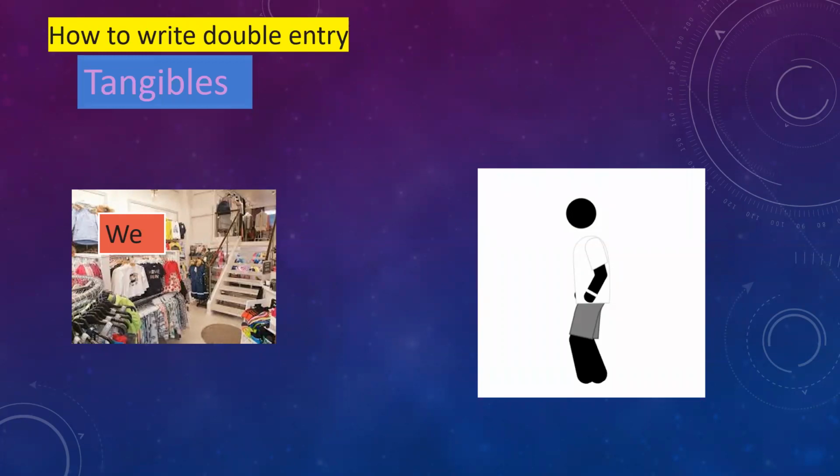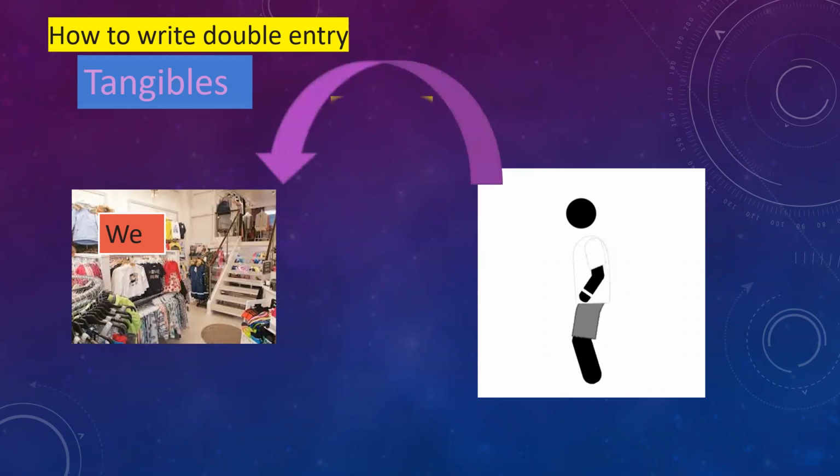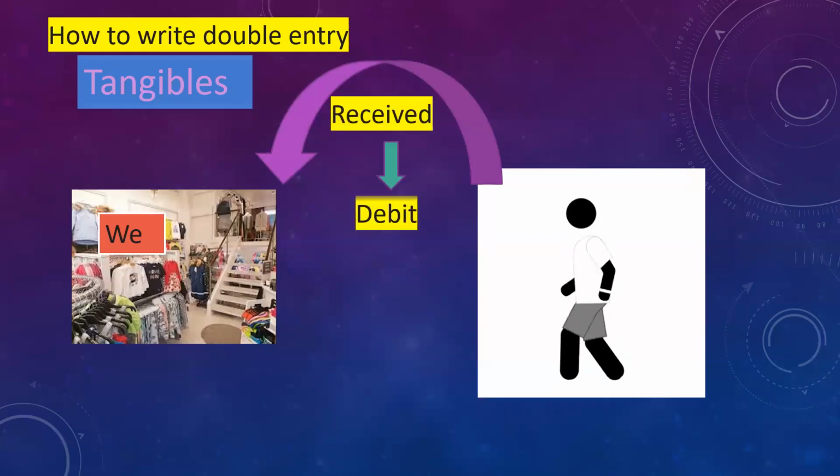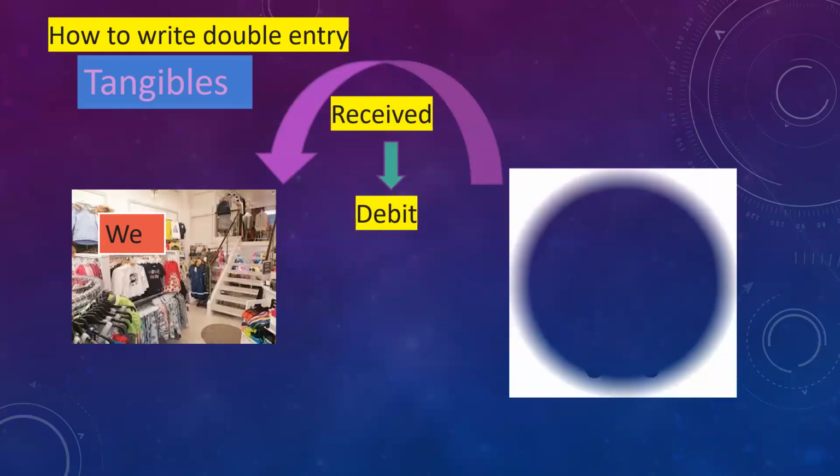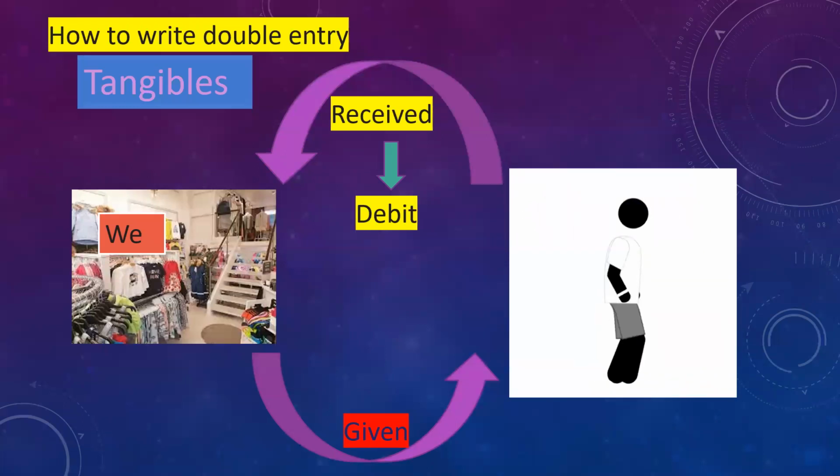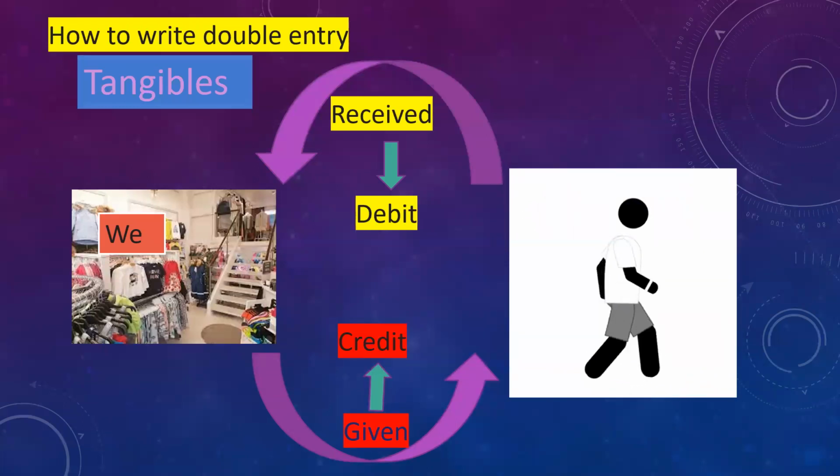Cash received debit cash account, cash given credit cash account. Very good. So tangibles, what we are learning: tangibles received to be debited, given to be credited. That's the rule we discussed last week also. I don't want to explain again and again.